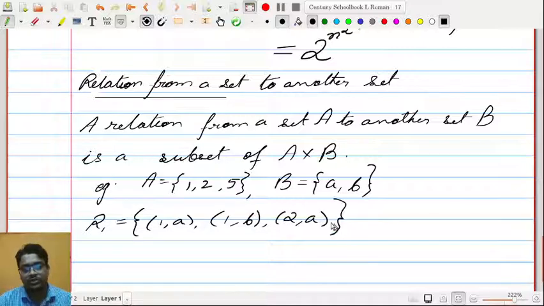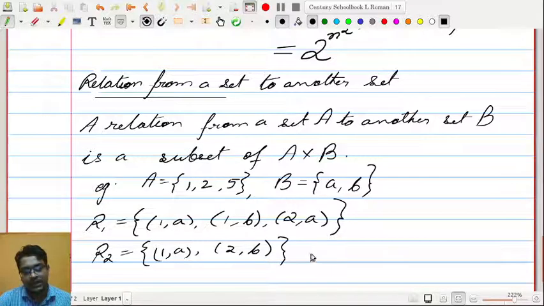So this defines a relation from A to B. Suppose I take another relation, something like this: 1 is related to a, 2 is related to b, and nothing else is related. Then this is also a relation.